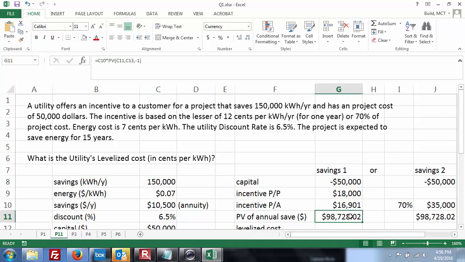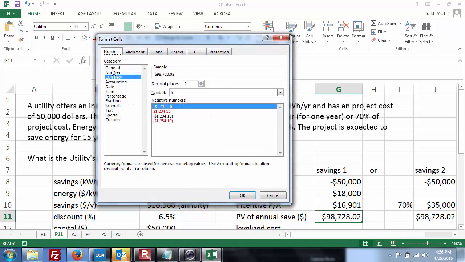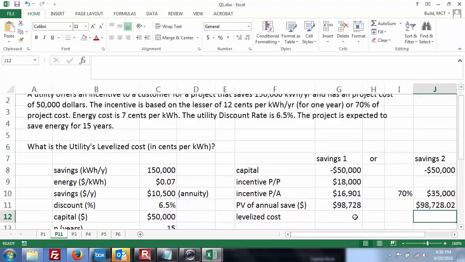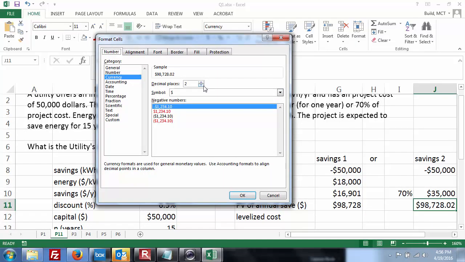This is not an easy problem. Currency, take, equals, take. Currency.